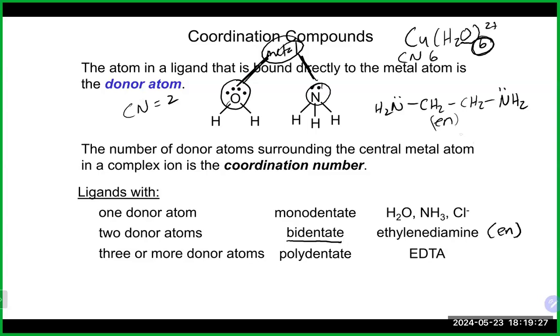And if we do have a metal that's going to attach, and that, by the way, is one molecule of it, it is going to attach through this nitrogen, and it will also attach through that nitrogen.